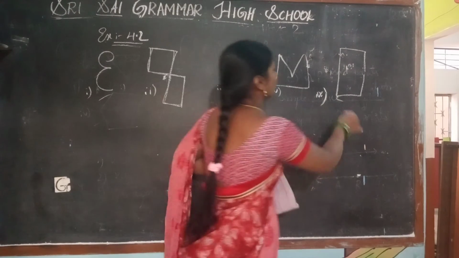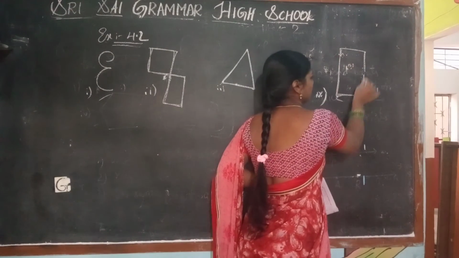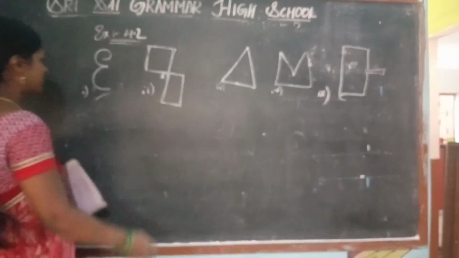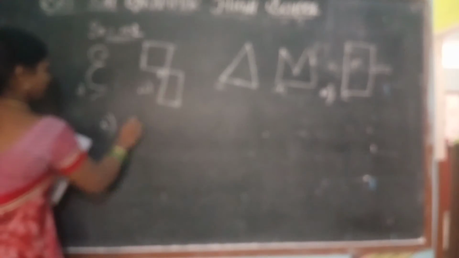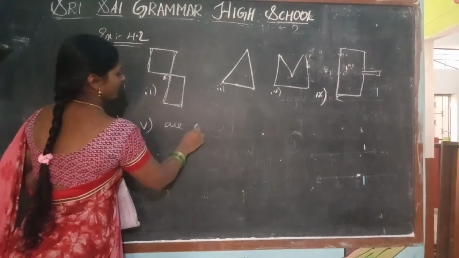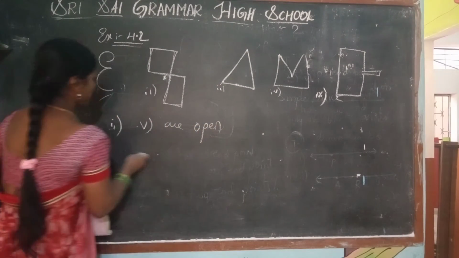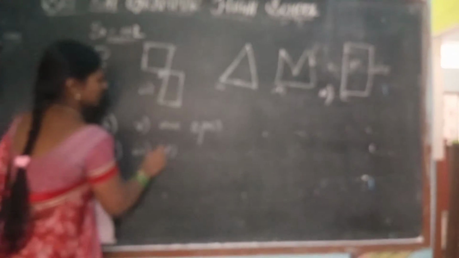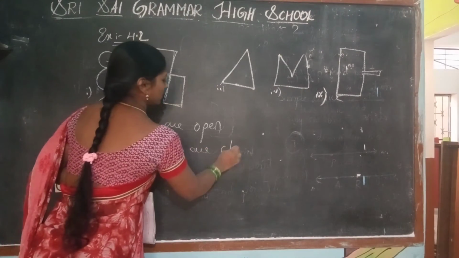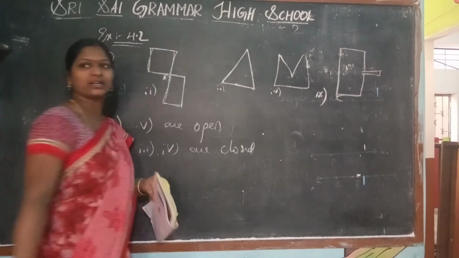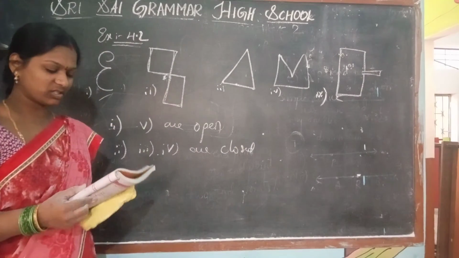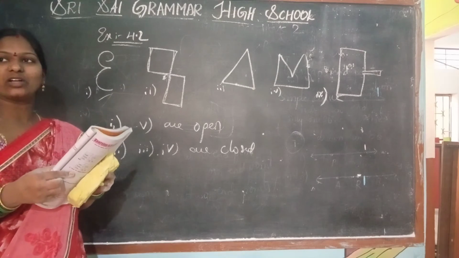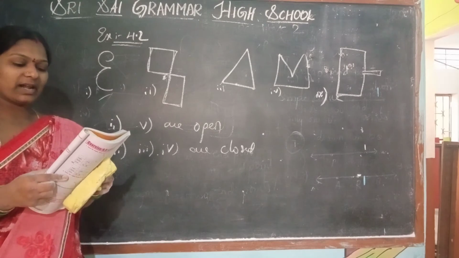Now when you compare here, it is open. So first and fifth are open, and second, third and fourth are closed figures.